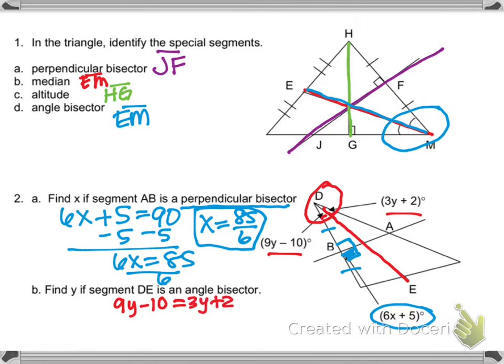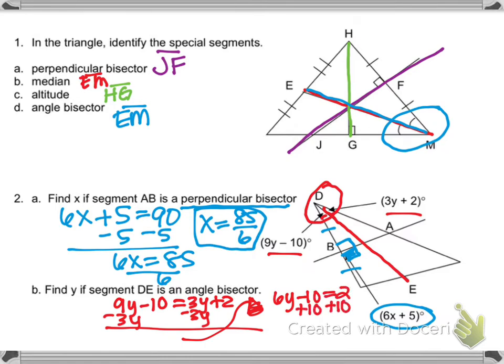I'll subtract 3y first, and I would get 6y minus 10 equals 2. Add the 10 over. So 6y equals 12 and divide by 6. So y would equal 2. I think on the answer key it says x equals 2, but that should be y equals 2.